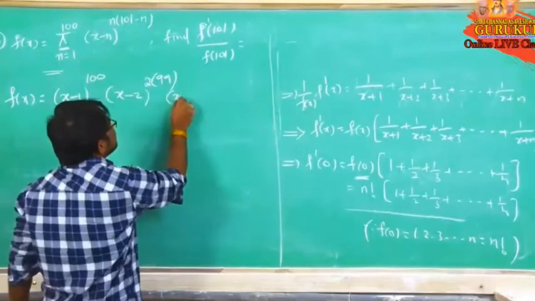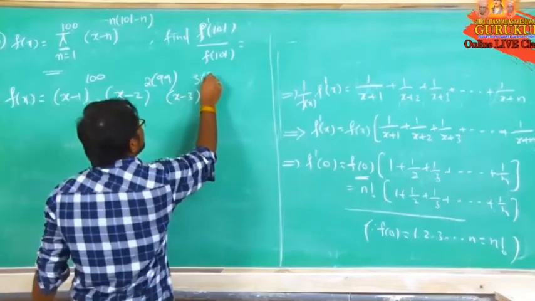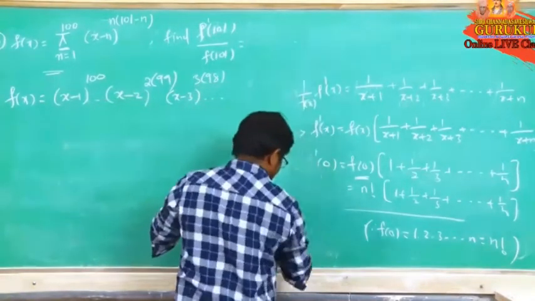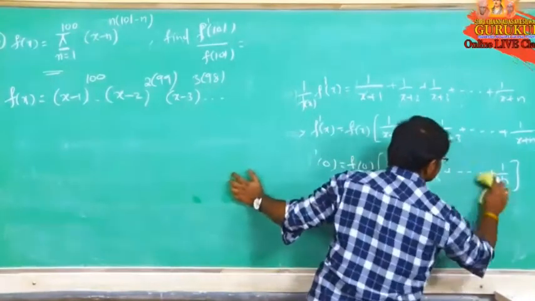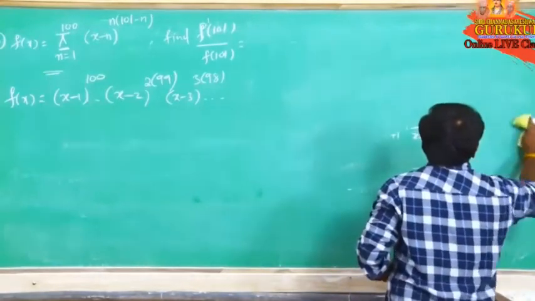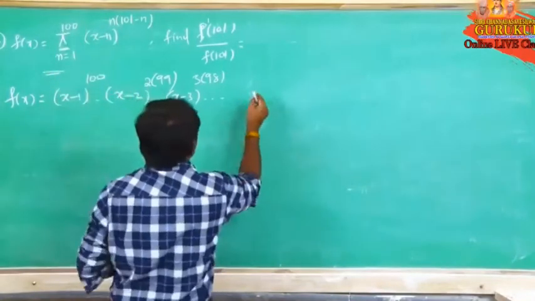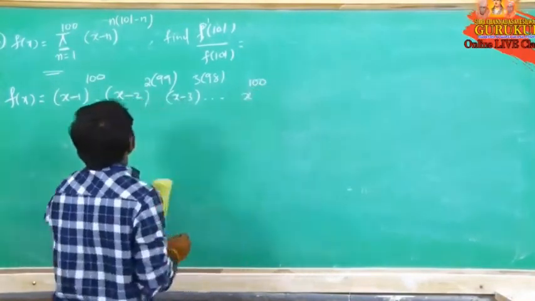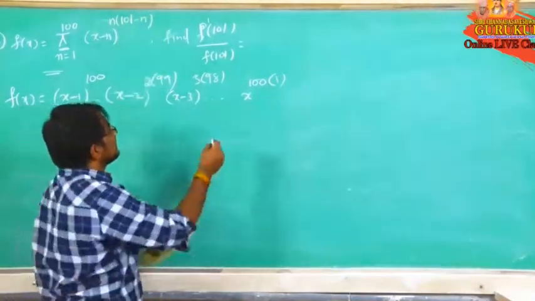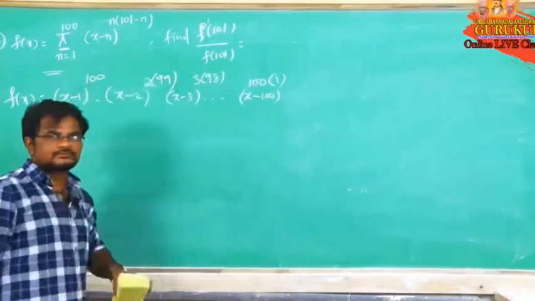Next, x minus 3 to the power of 3 into 98, etc. Last term is what? n equal to 100 means x minus 100 to the power of 100 into 101 minus 100, which is 1.